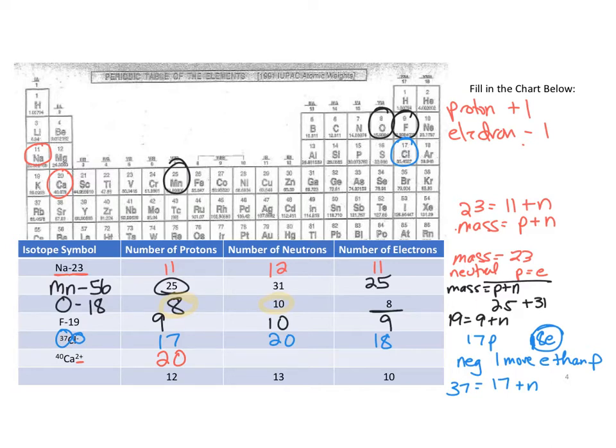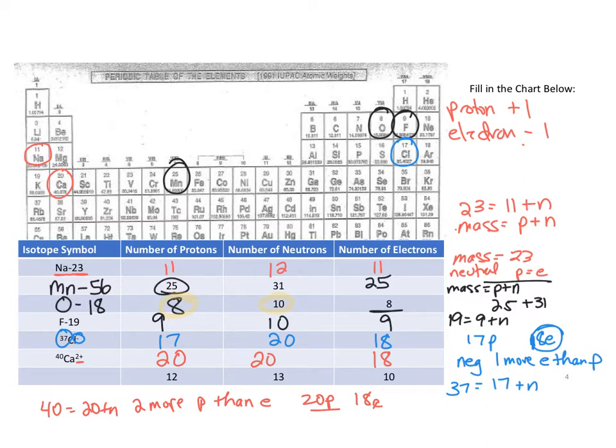So it has 2 more protons than electrons. So if it has 20 protons, then it needs to have 18 electrons. So that gives it 2 more protons than electrons. The mass is 40, so 40 equals 20 plus N, and so that gives you 20 neutrons.